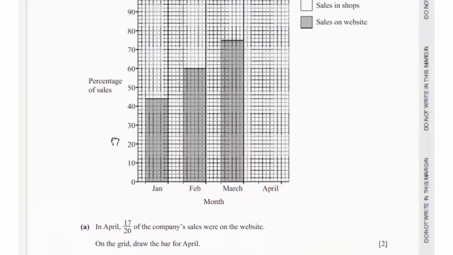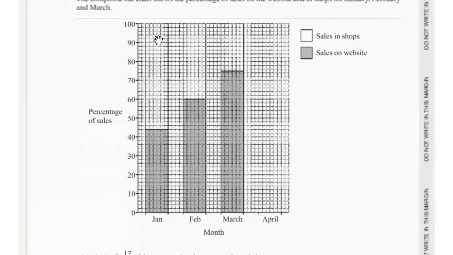For shops, which is the white part above, we're starting from 60 and ending at 100. So 40% is on shops for Feb.